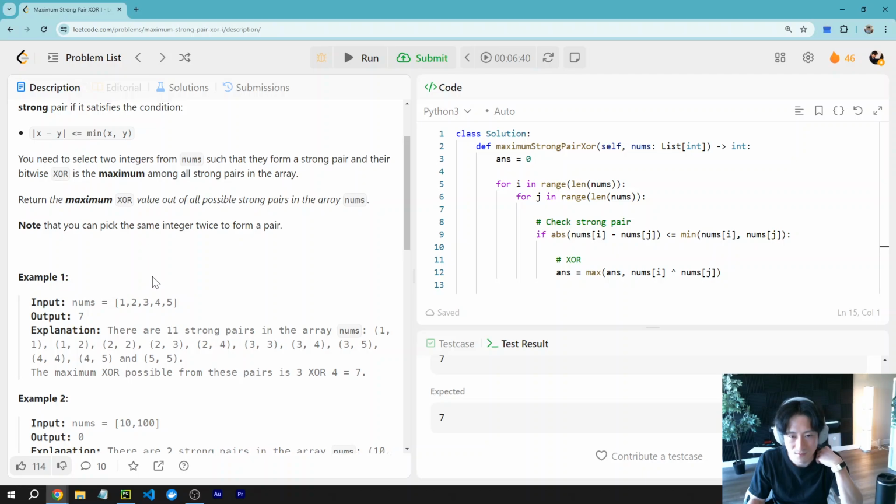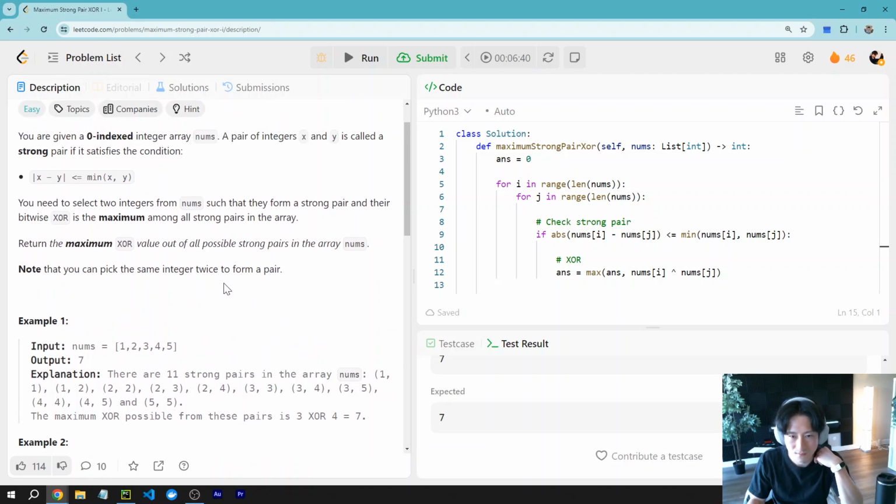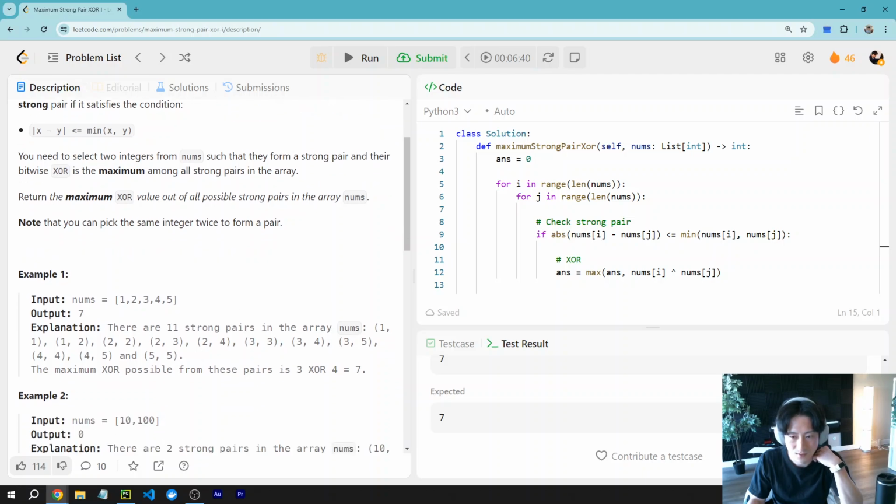So after sorting, maybe I can have fewer steps to find a strong pair.